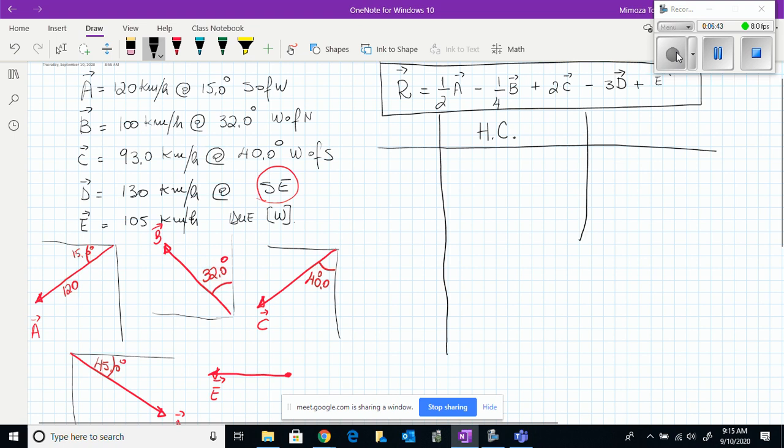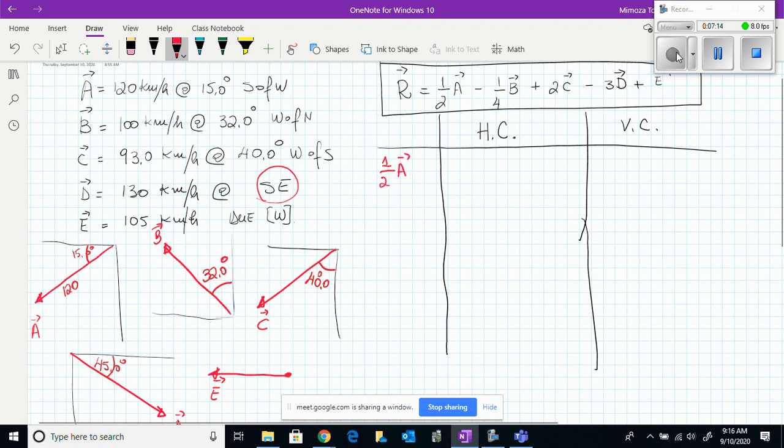And then on the third column, we will have the vertical component. If you would want to make the verticals on the second column and the horizontal on the third column, feel free, it doesn't really matter.